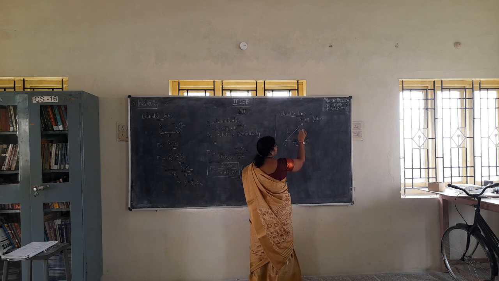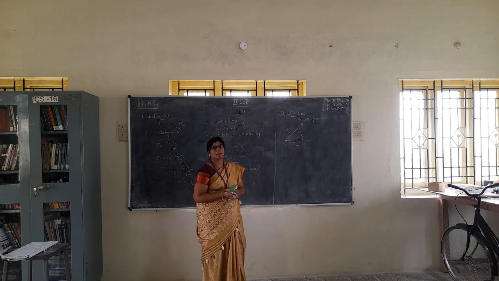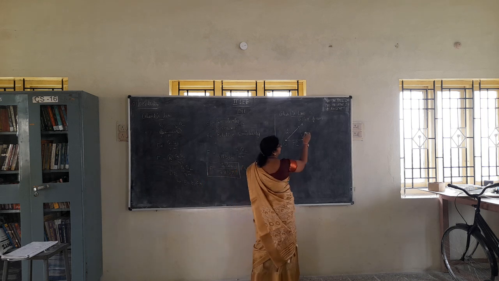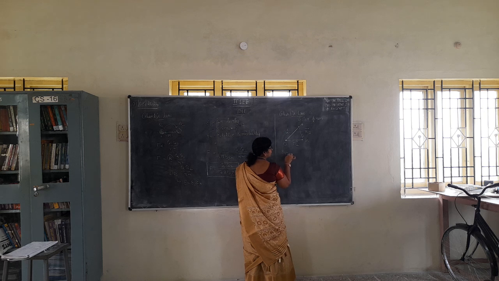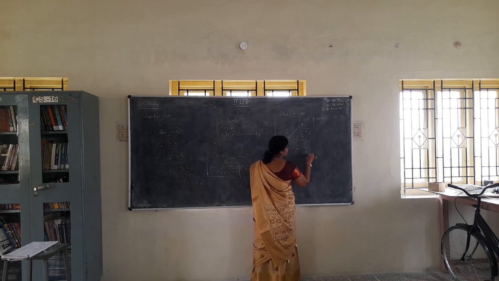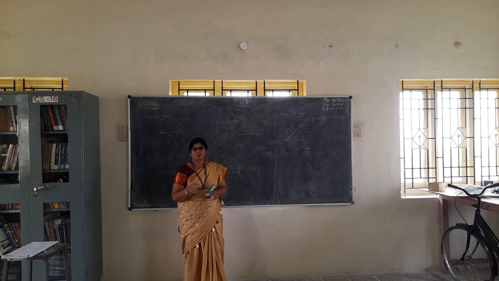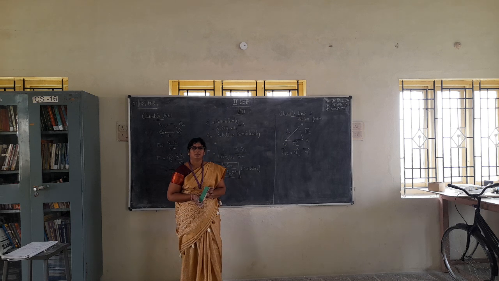The distance between A and B, between the two charges, is represented as the R12 vector. R12 is the R2 vector minus the R1 vector.